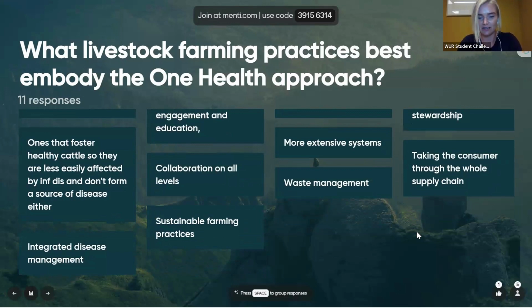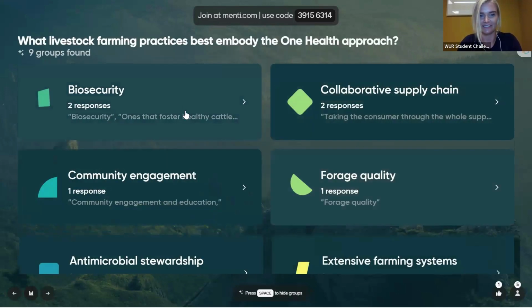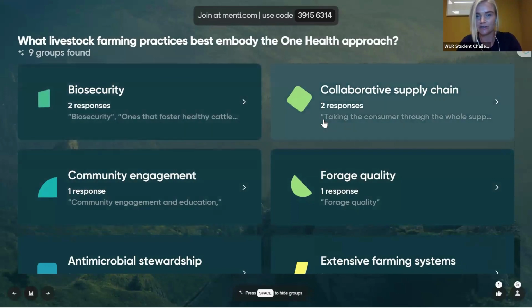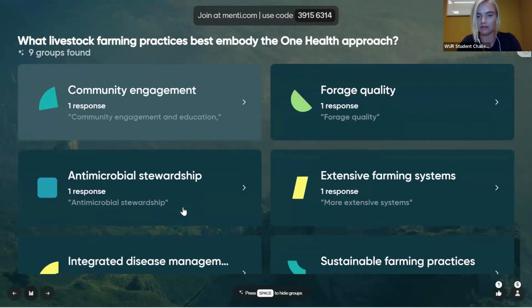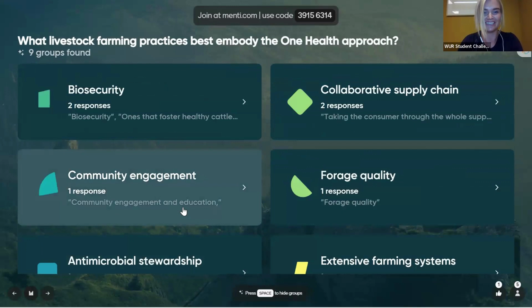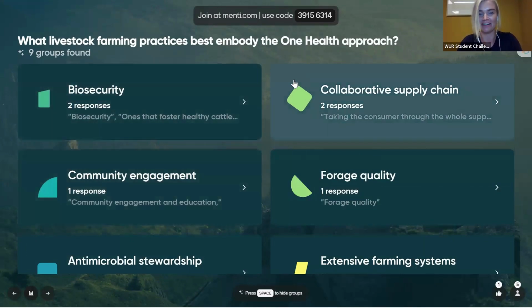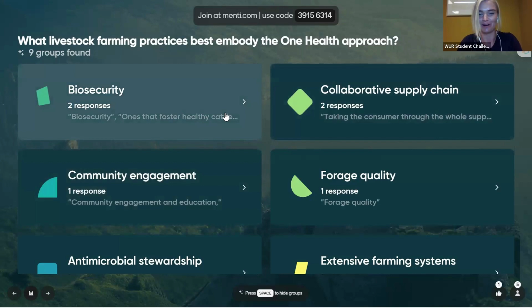Okay. To be honest, I didn't know this was going to happen in Mentimeter. I guess this means that it is categorized in the same department, so to say.